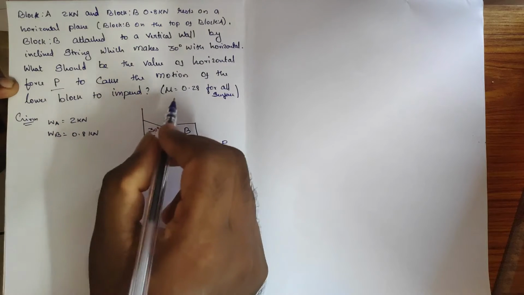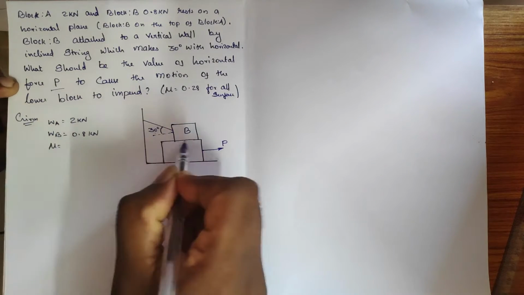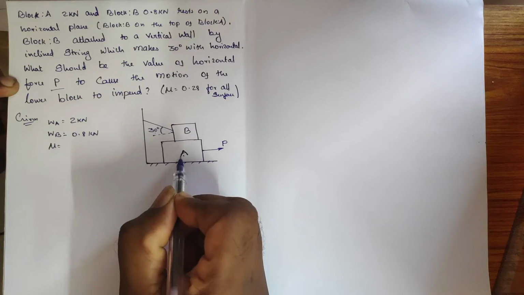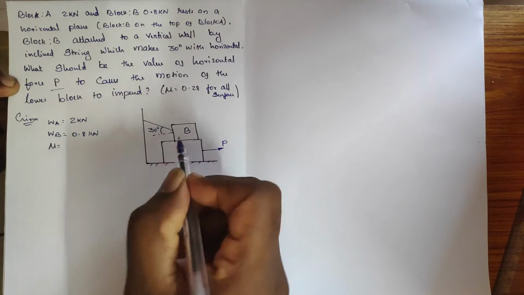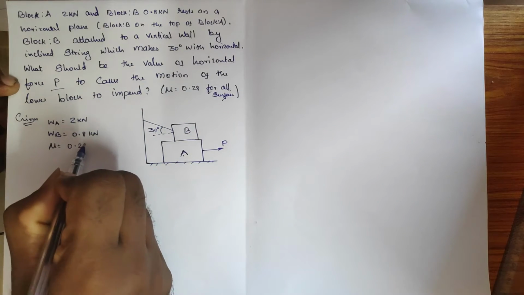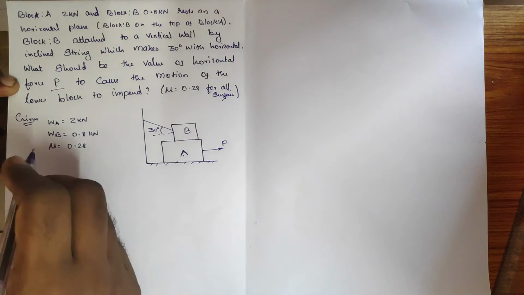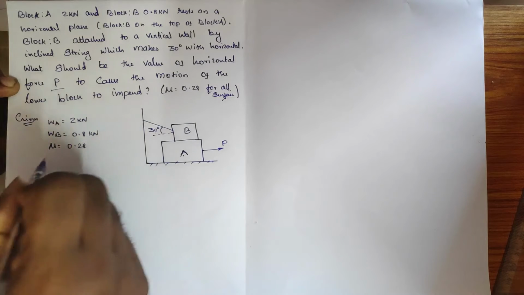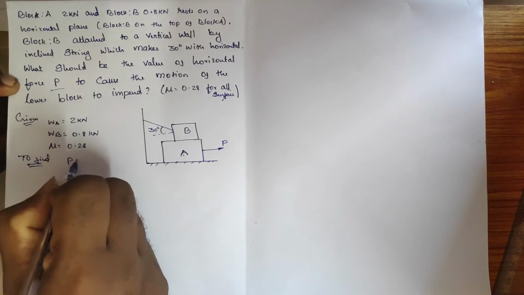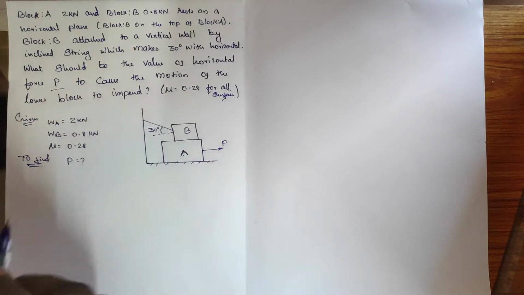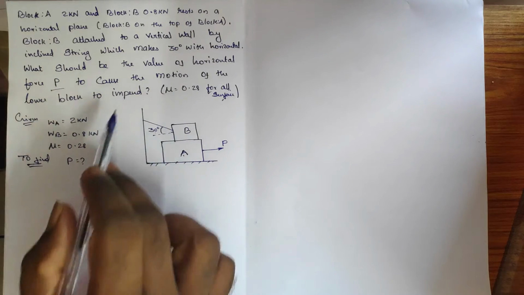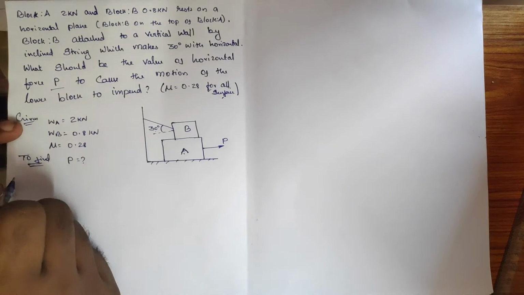The mu value for all the surfaces, between the horizontal surface and the block as well as between the blocks, is given as 0.28. To find the force when the block just impends, that is, starts moving, that we are going to find out.